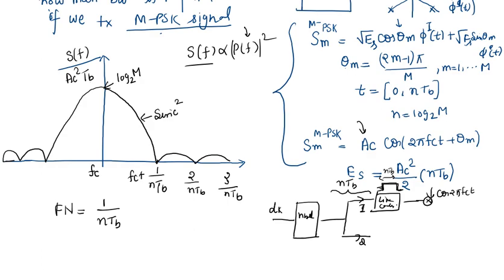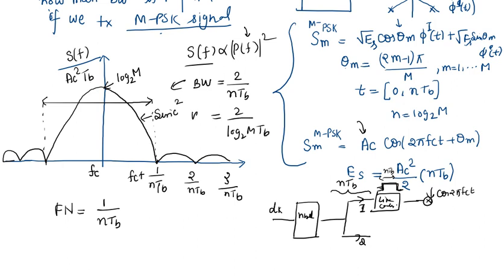Before going to this, let me recall that bandwidth is the separation between the first null to the right of Fc and the first null to the left of Fc. So the bandwidth of any M-PSK signal will be 2 upon N Tb, where N is log2 M. So this is the bandwidth of any M-PSK signal.